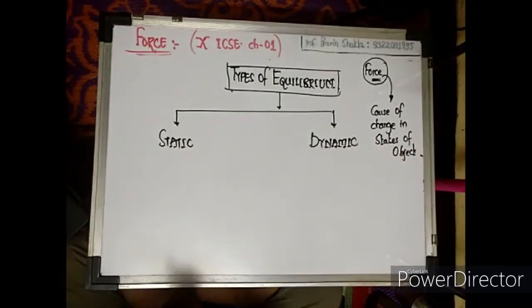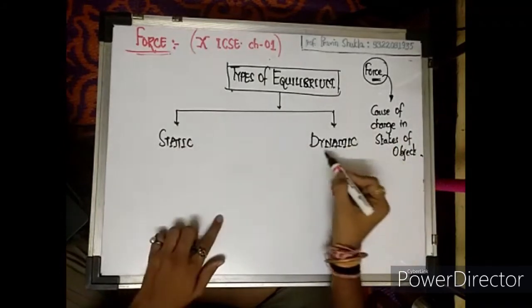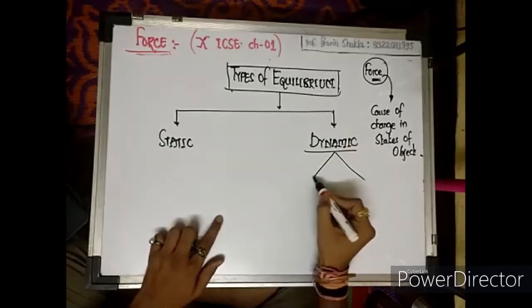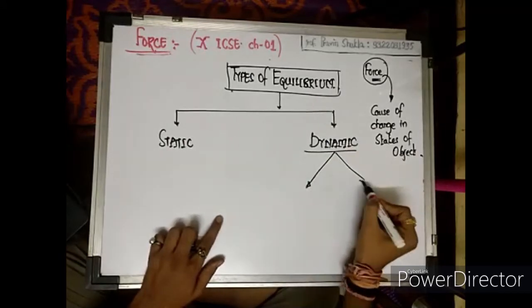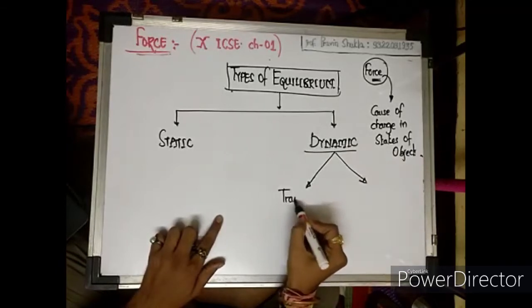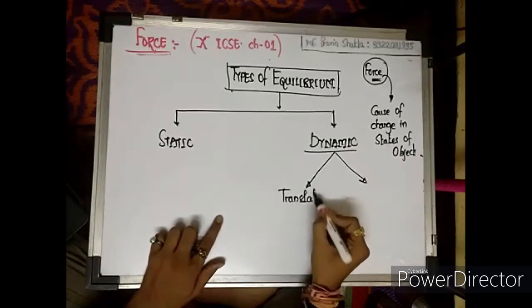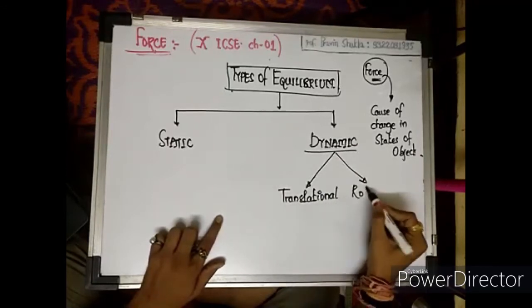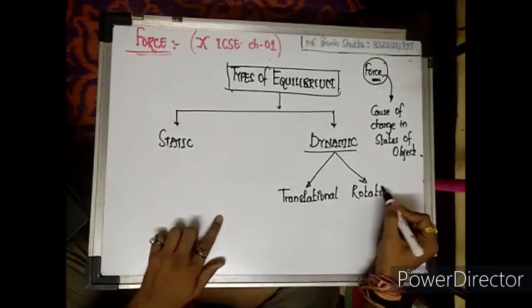Understand this: static and dynamic. Dynamic motion can be further classified, because motion is basically of two types: linear or translational, or rotational. This is acceptable.